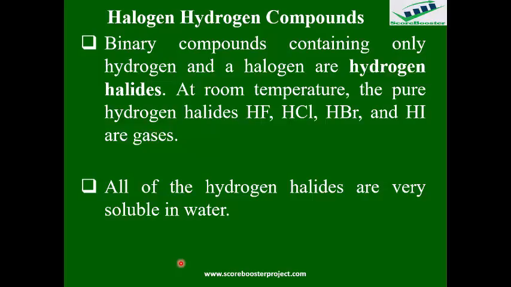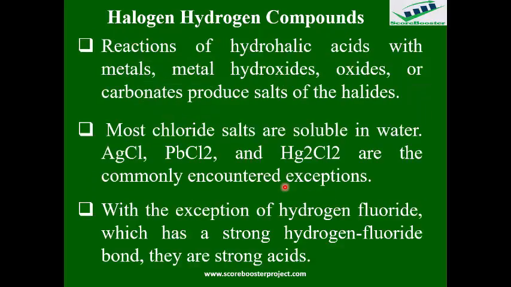Why they are soluble is because of the hydrogen bond that is between them. So the reaction of these halide compounds of hydrogen with metals, hydroxide or the oxide, even the carbonate, they produce salts of the halide.